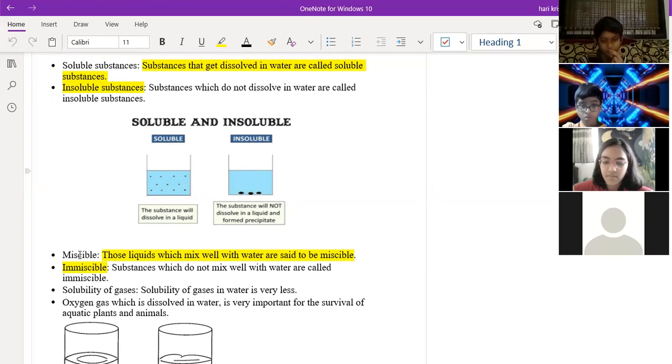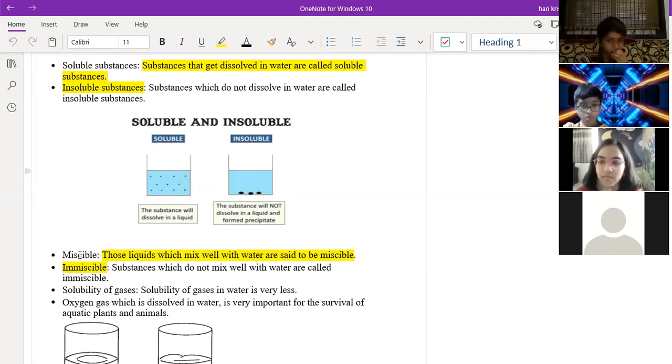But if you take normal miscible liquids, any example, Suhana? Sir, sugar. Sugar is a solid, you cannot take it. Salt and lemon, sir.